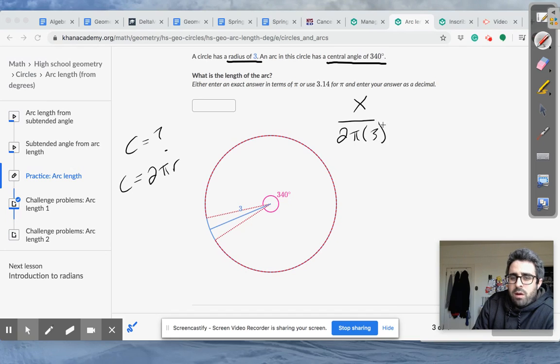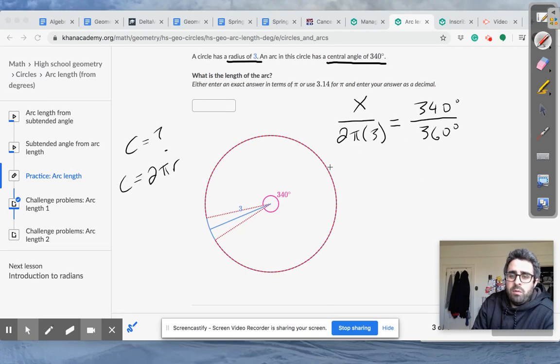I'm replacing r with 3, is equivalent to the arc measure, which is the central angle, so 340 over 360 degrees. Remember, always degrees go with degrees.